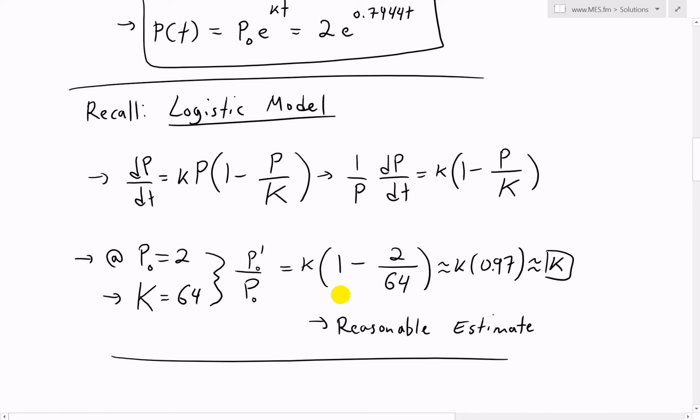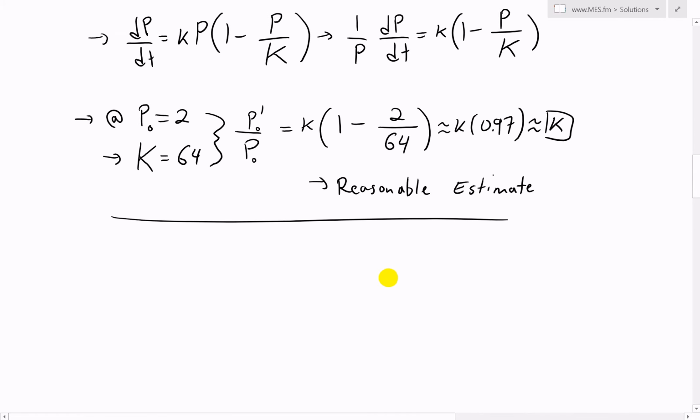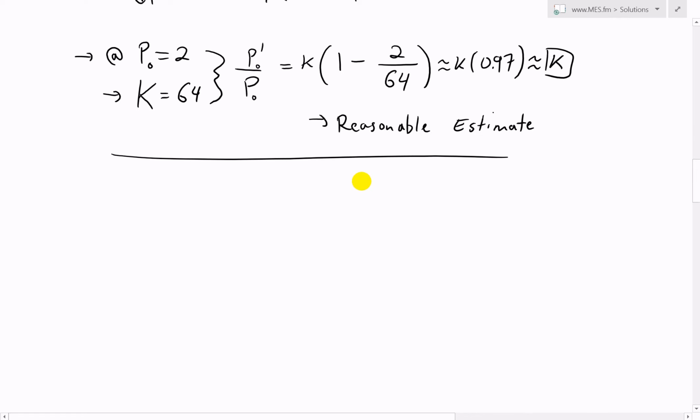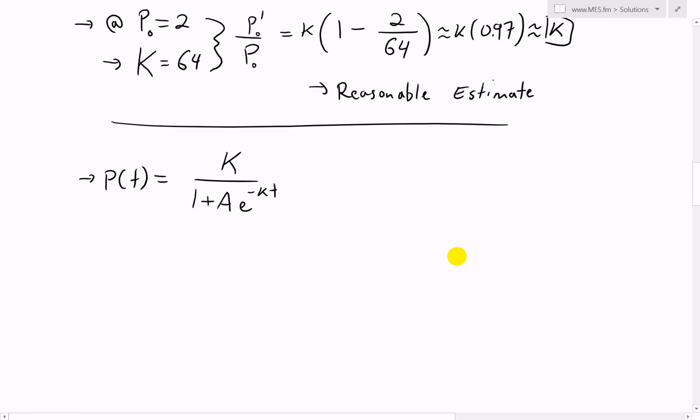So now that we have this k value estimated as a relative growth rate of 0.7944, recall that the solution to this logistic model, as explained in my earlier video on the analytic solution, is p of t equals the carrying capacity, capital K, divided by 1 plus a e to the negative kt, where a is equal to capital K minus p0, the initial population, all divided by p0.